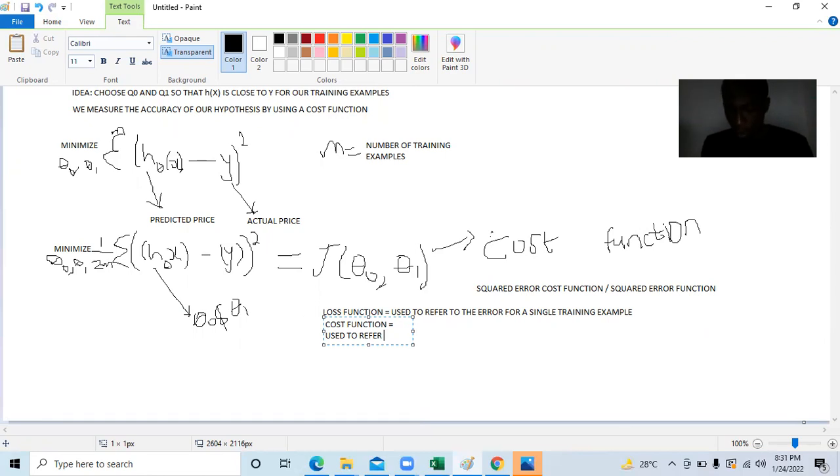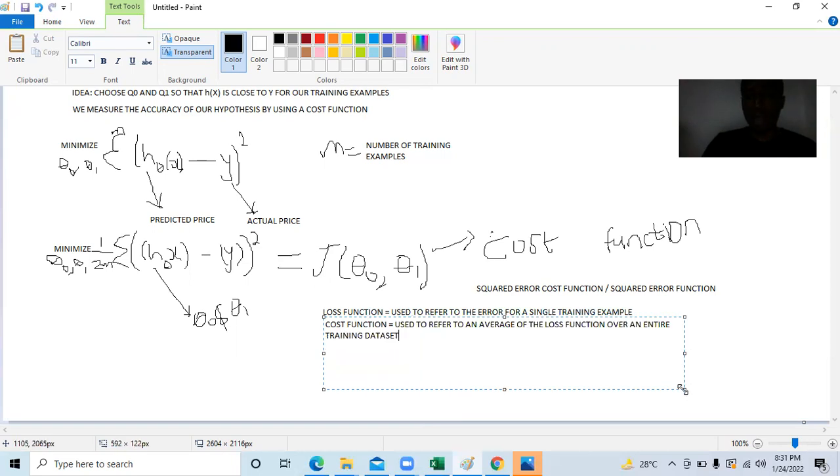Cost function is used to refer to an average of the loss function over the entire training set. Once you find the loss function for the entire data set, then you call that cost function.